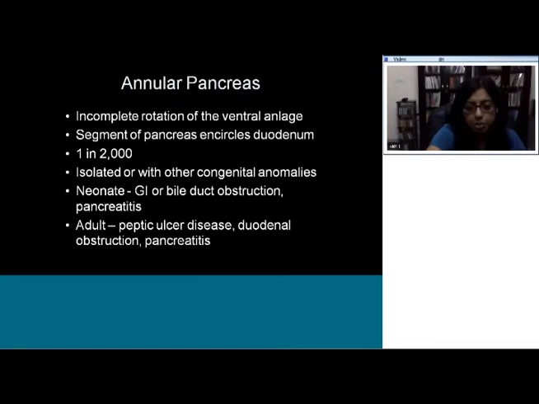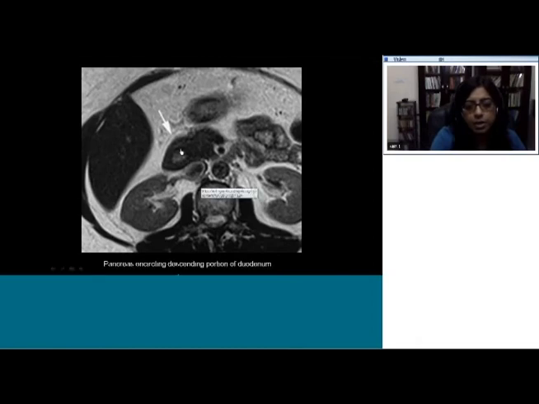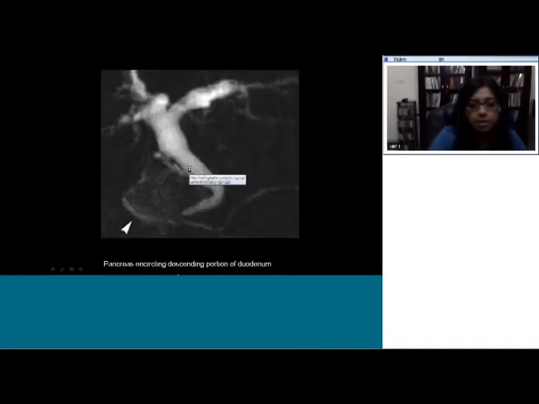This is an MRI T2 weighted image of the duodenum and showing the pancreas that encircles it. This is an MRCP showing the same thing where the duct encircles, and you can see that this is the CBD.